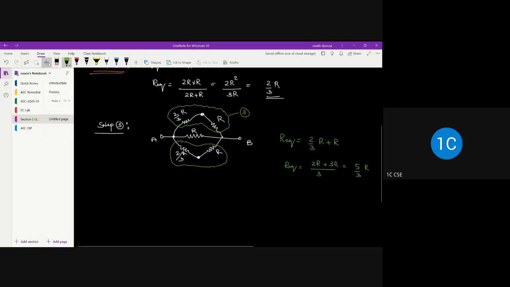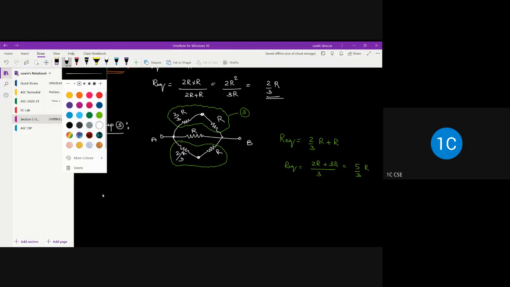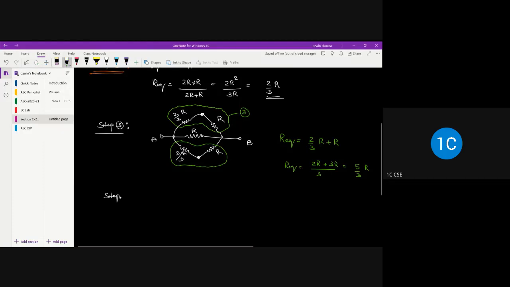So now let me go for perhaps the final step, step 4. In step 4, you will have a much simplified network consisting of only 3 resistors.